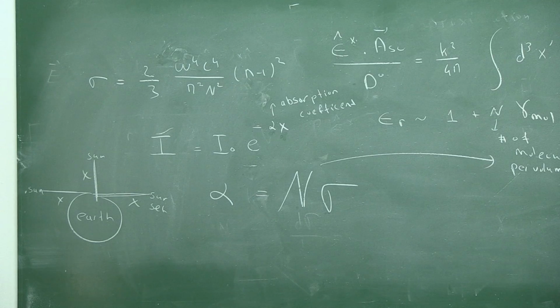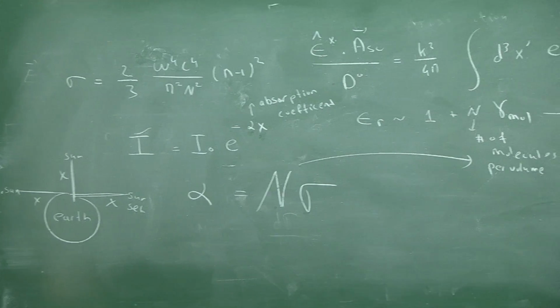So if you look at what is going on in terms of the numbers, it is the following. Let us look at three colors: red, green, violet.